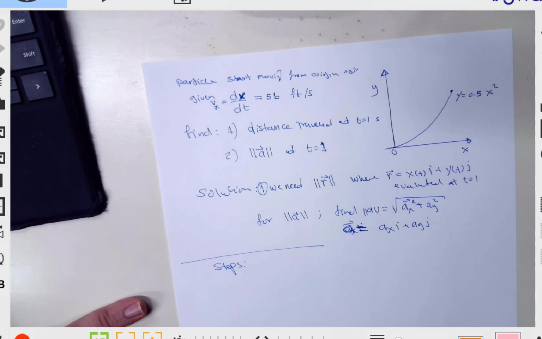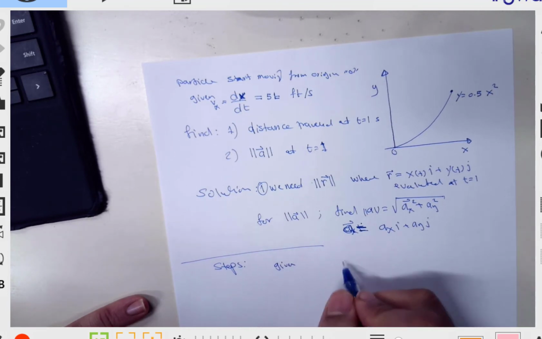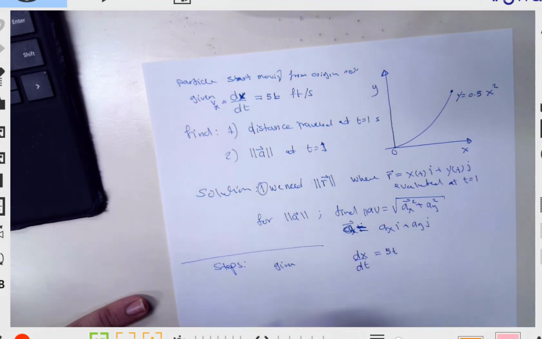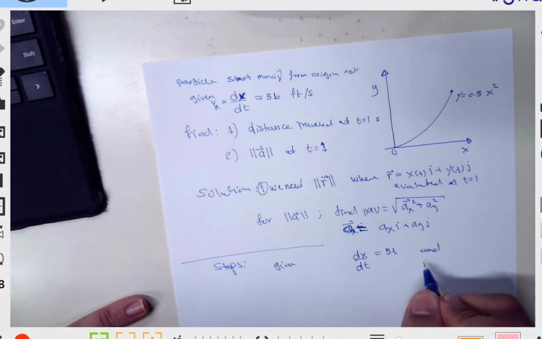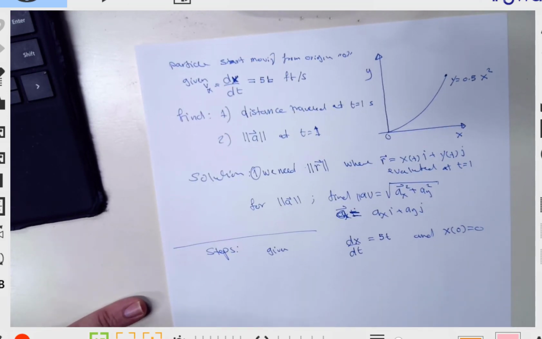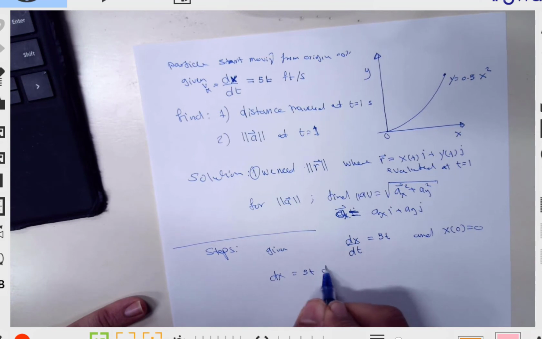So we can go back. Given that dx over dt equals 5t, and given that the initial condition is 0, I can rearrange this and say dx is equal to 5t dt.